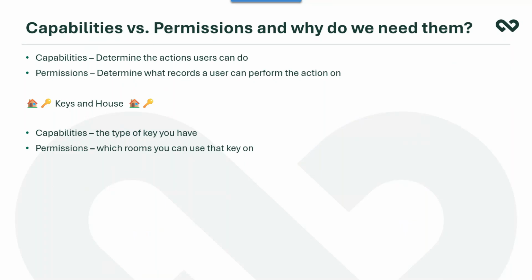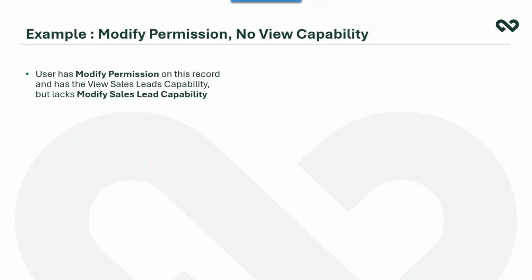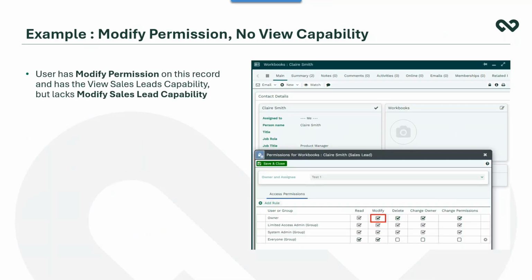Let me explain this further with a concrete example using sales leads. These examples will demonstrate how different combinations of capabilities and record level permissions determine what a user can see and do. For instance, imagine a scenario where the user has modified permissions for a sales lead, highlighted by the red box in the screenshot, but does not have the view sales lead capability.